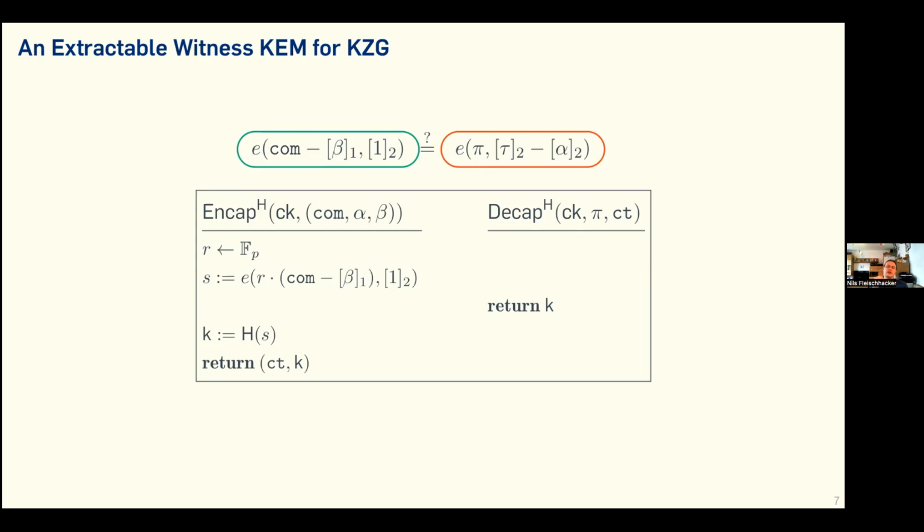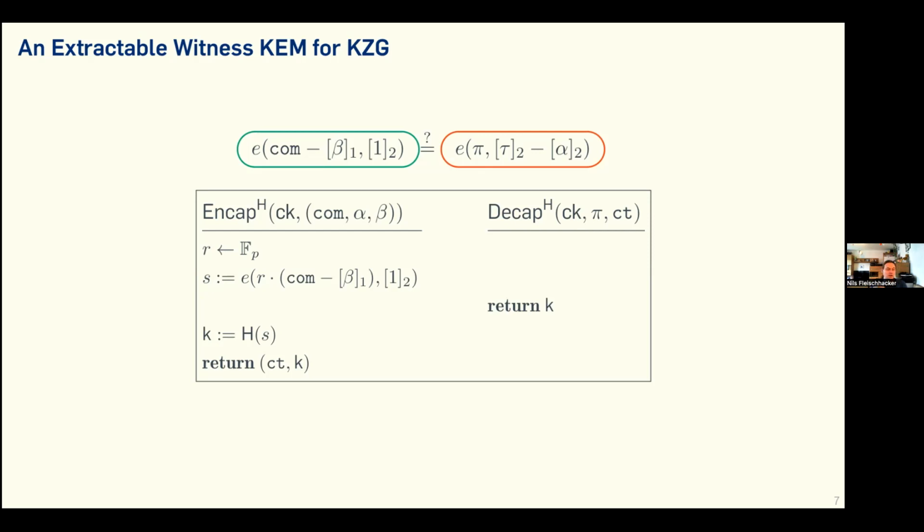So the question is now, how can the decapsulation algorithm basically compute the same S? We can, of course, give the decapsulation algorithm R, for example, but that would be bad, because if we send R like in plain, then anybody who basically knows the statement and R can just compute the same key as well, so that would be bad.